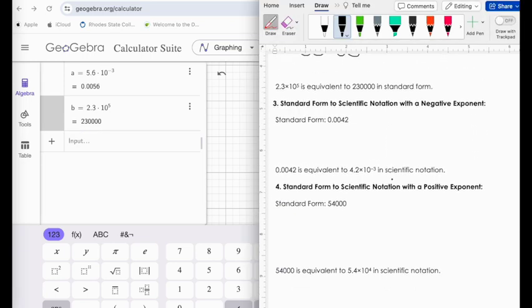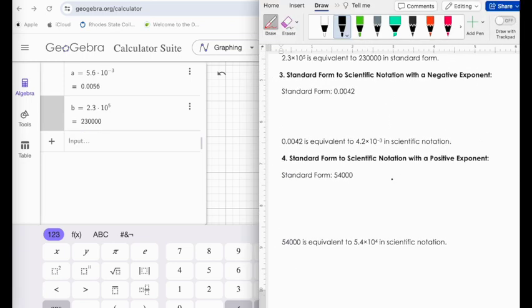Now let's look at it from the other direction. If we want to go from standard form and put it in scientific notation, this number is really small. So when we write our exponent, we're going to use a negative. And we always want to make sure that we only have one digit to the left of the decimal. So here I have 4.2.